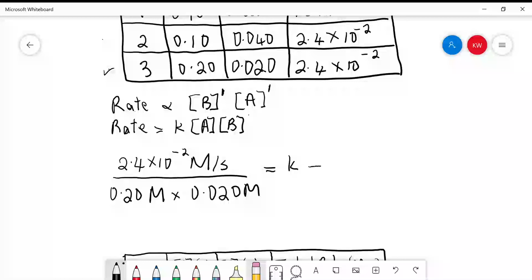So from this, we will find that k will be equal to 6 M to the minus 1 second to the minus 1.